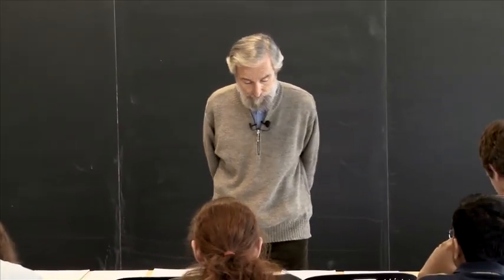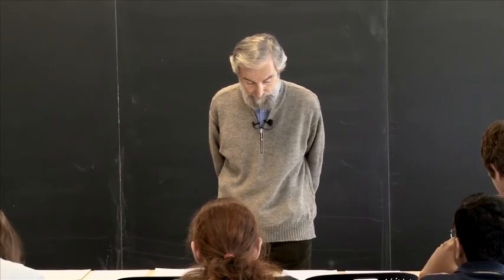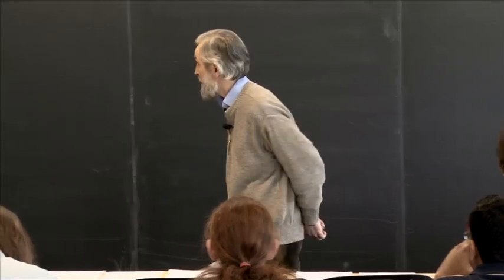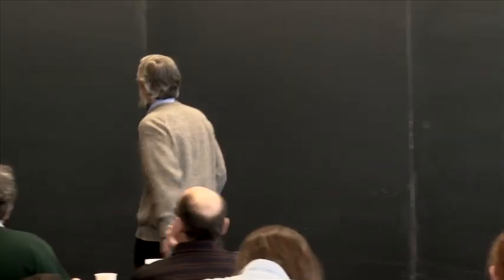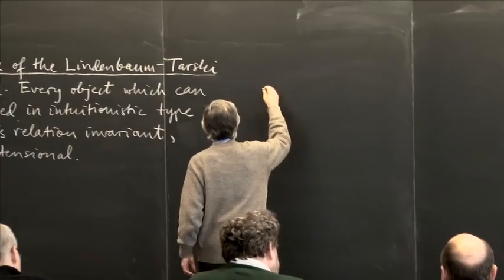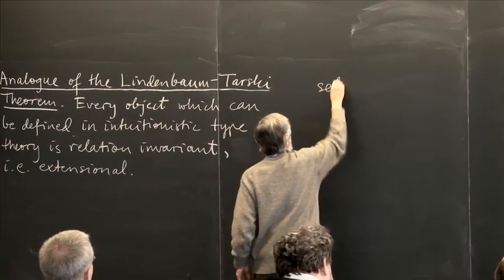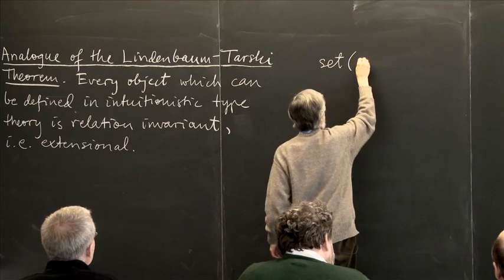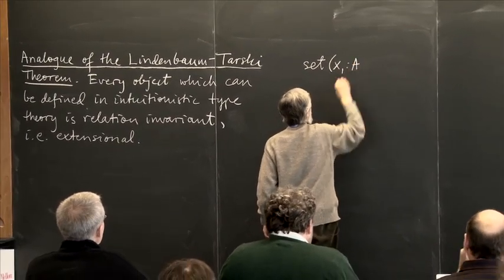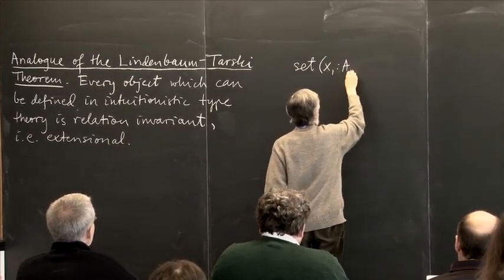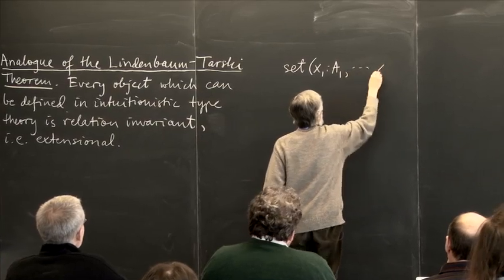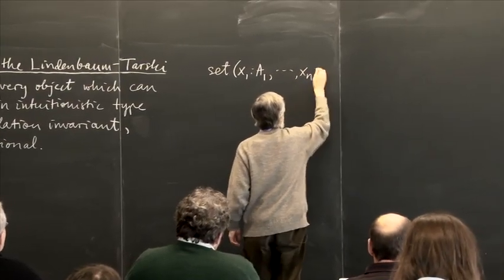And what it means for the object to be relation invariant depends on the category. And remember then what the categories were. They were the category of sets depending on variables x1 in A1, etc., xn in An.